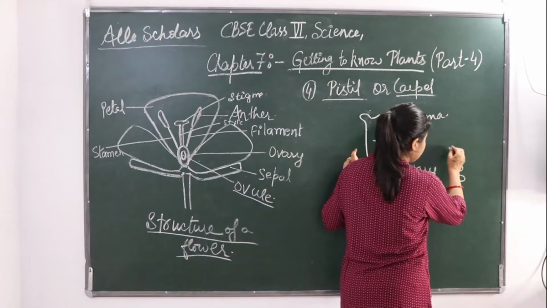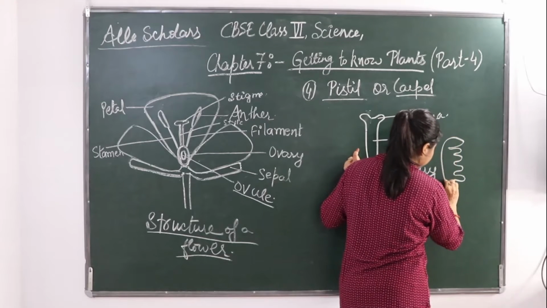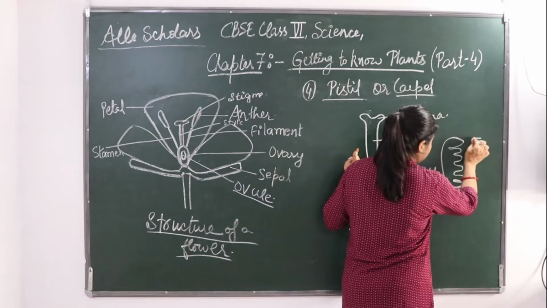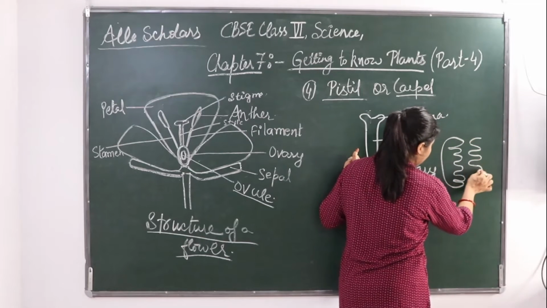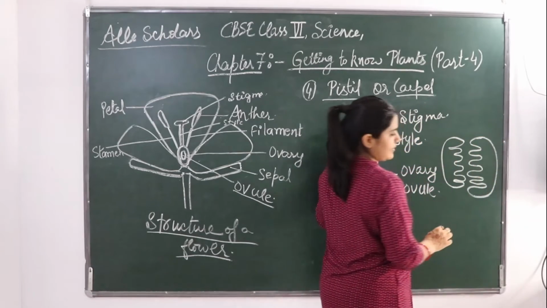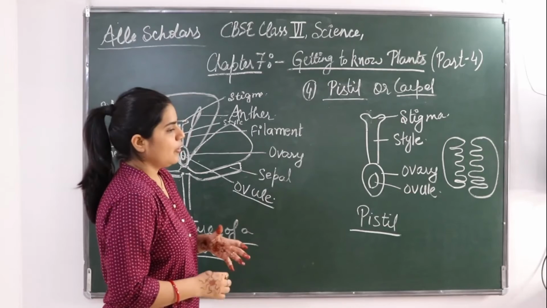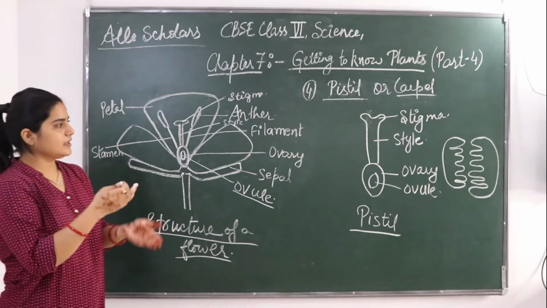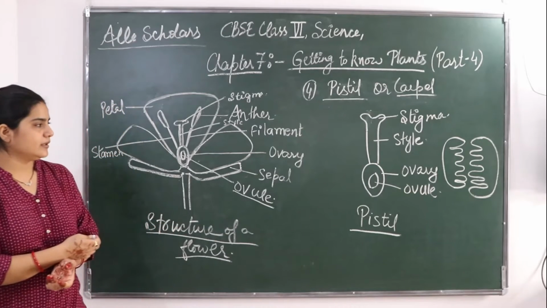If the cutting has been done, like this structure you can see of it, the inner structure of ovary, in further class when you are going to study for that.